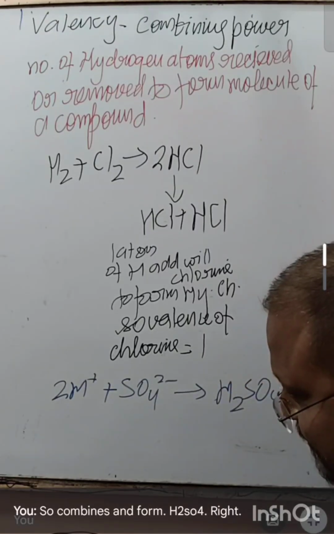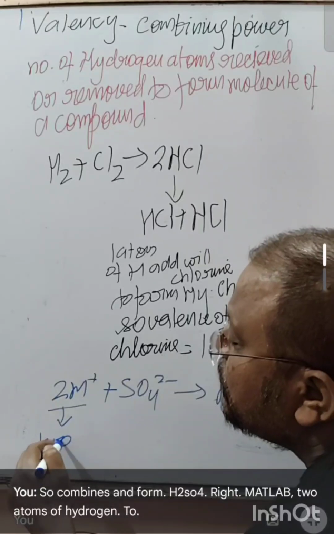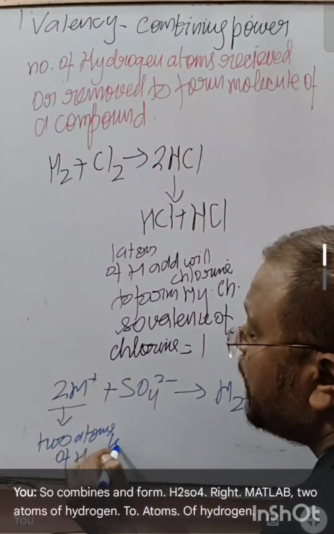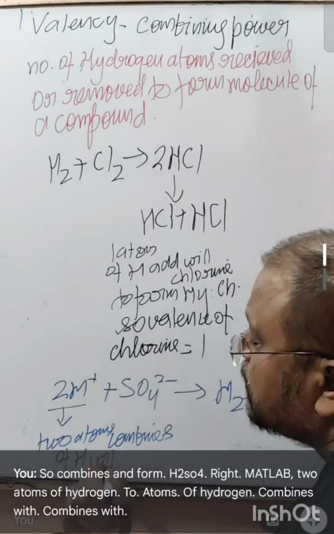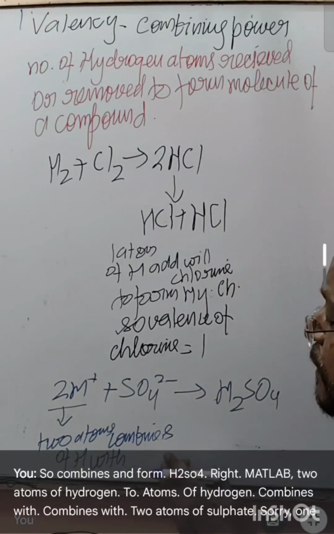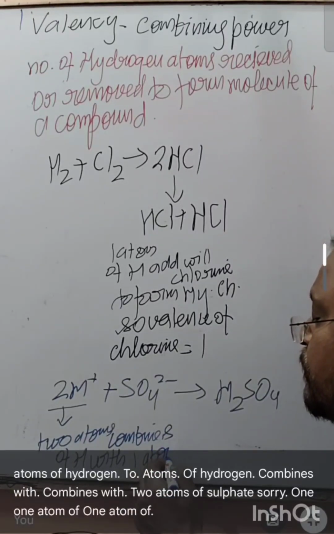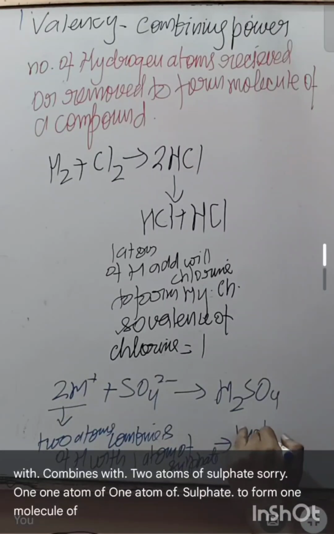Right? So two atoms of hydrogen combine with one atom of sulfate to form one molecule of H2SO4.